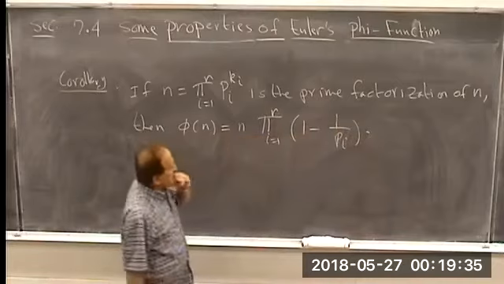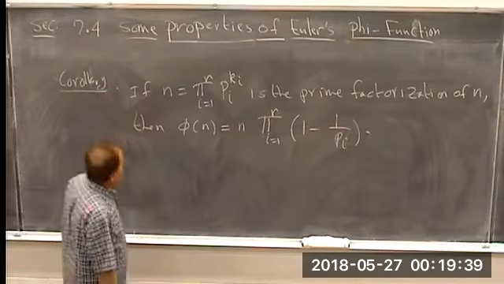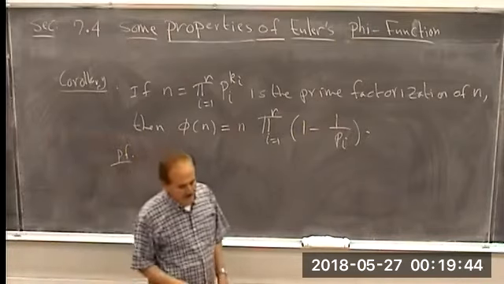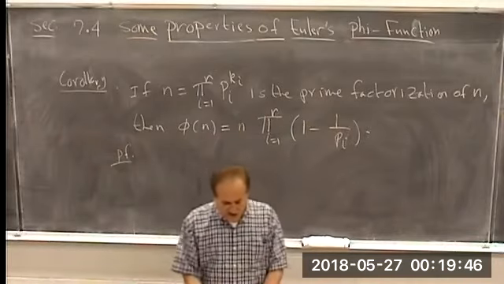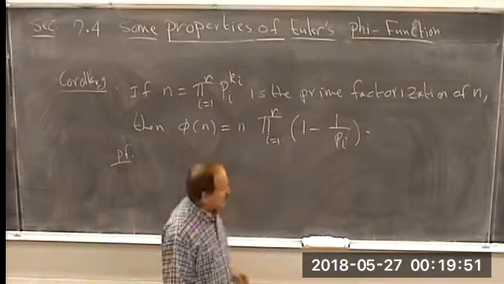So this is nothing new, it just follows from the previous theorem. And in the proof again, we're going to use the fact that phi is multiplicative.